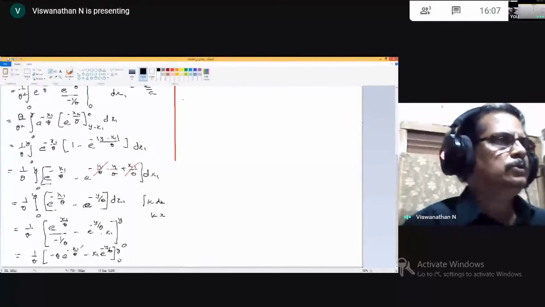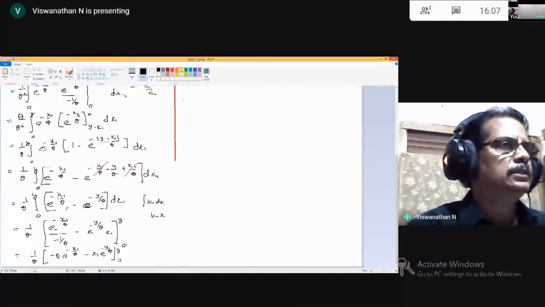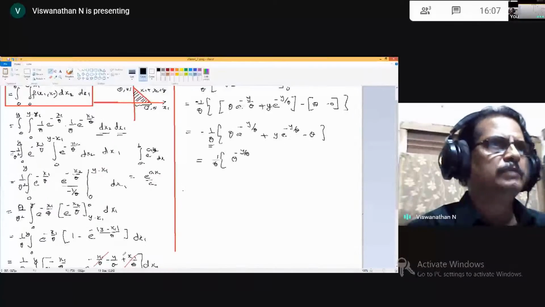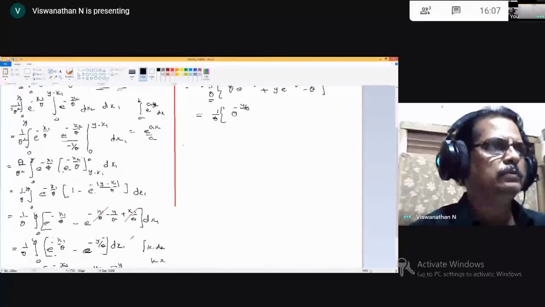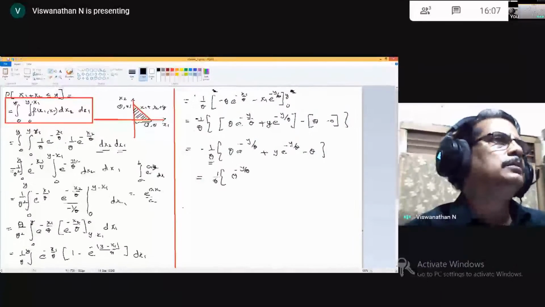So initially we integrated this. And after substitution, this theta is going to the numerator. This is only the limits. After substituting the outer limit, I will paste the things.